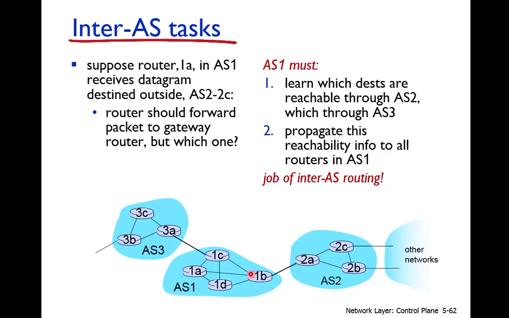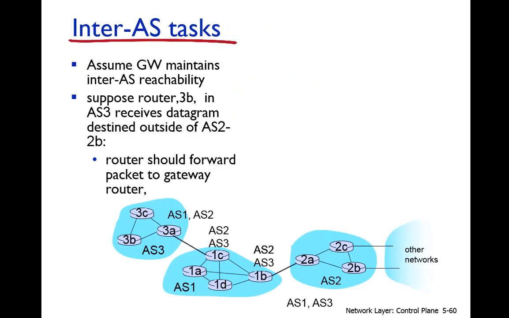So we assume that autonomous system 1 must learn which destinations are reachable through autonomous system 2 and which are reachable through autonomous system 3. We discussed that the gateway routers learn the inter-autonomous system routing information, and that information is propagated to all the routers in the network.